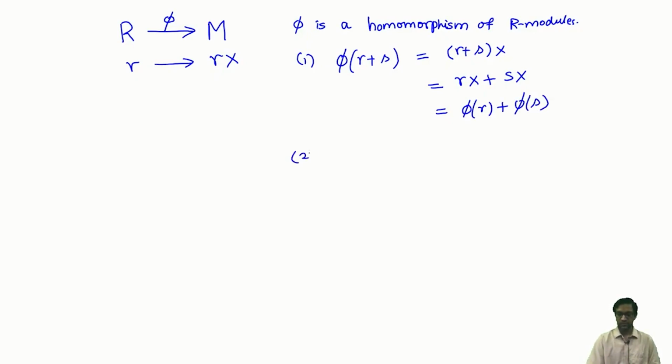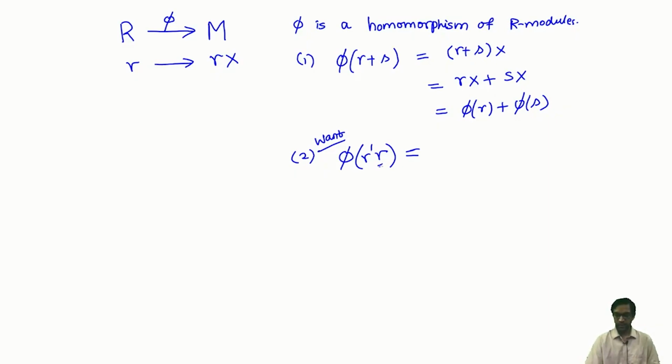Now we need to check that if I take an element r of the ring and multiply it on the left by r dash, I should be able to pull r dash out. This is the second property of being a module homomorphism.